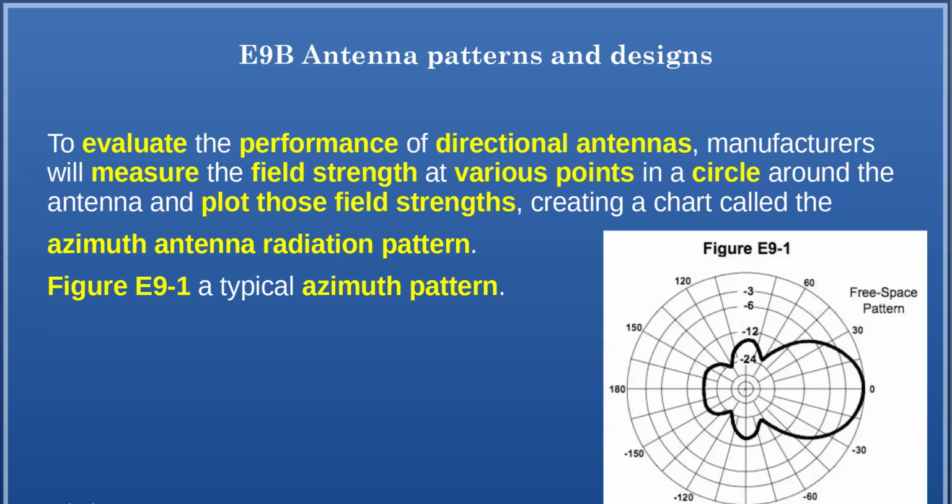You may want the best front to back ratio, so you have almost a null on the rear, so you can tell whether you're getting a signal from this direction or that direction. That's the problem with a dipole. It's directional, but in two directions, so you don't know if it's coming from here or from there.